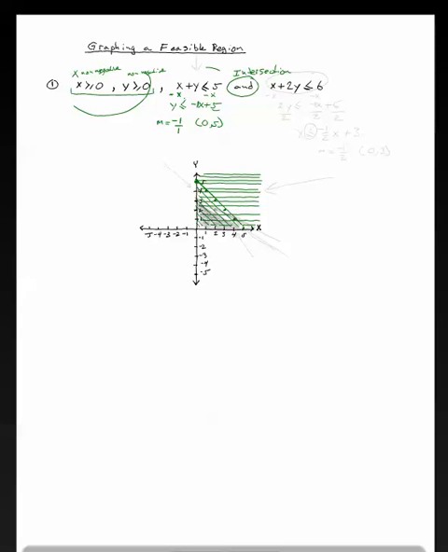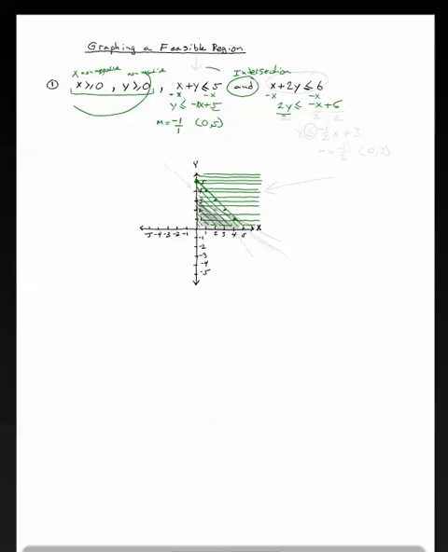I've got one more condition, or inequality, that I want to graph, and that's going to further restrict that shaded region. So I want to get it in slope-intercept form. So I subtract x from both sides. That gives me 2y is less than or equal to negative x plus 6.